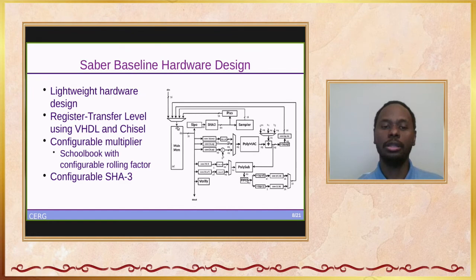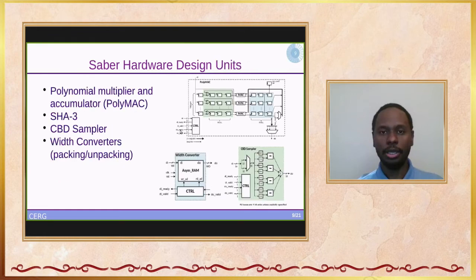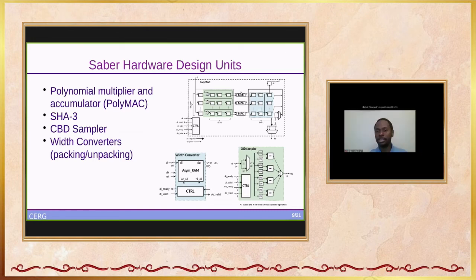So here are some of the major units that we use in the design. For example, we have a polynomial multiplier, and the flexibility comes from setting the number of multiplication units that we instantiate inside of it, and that will give us an area-performance trade-off.